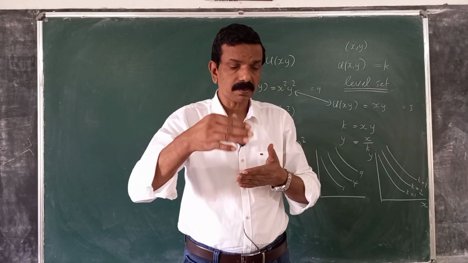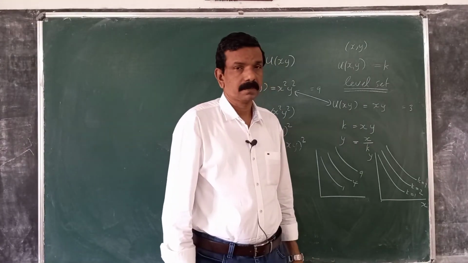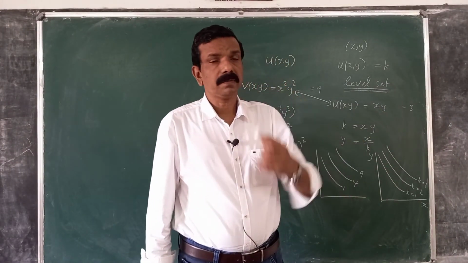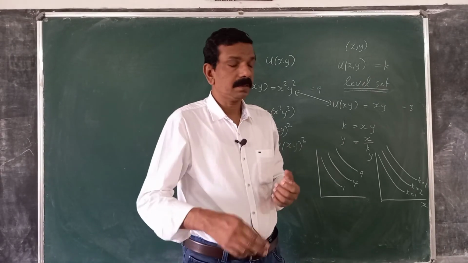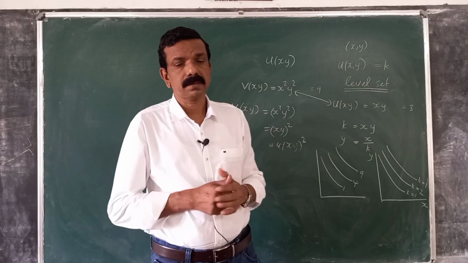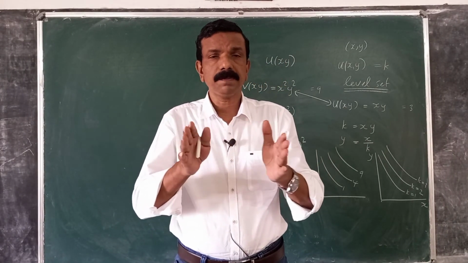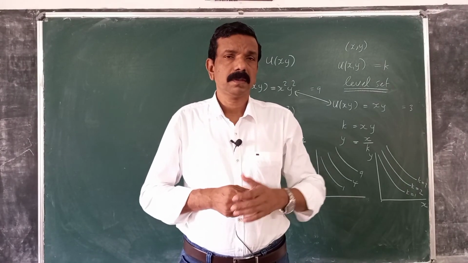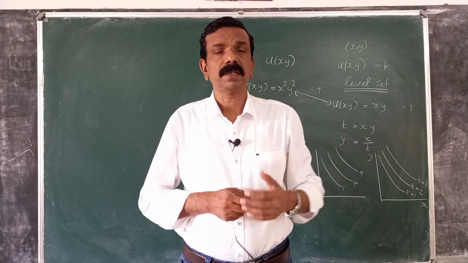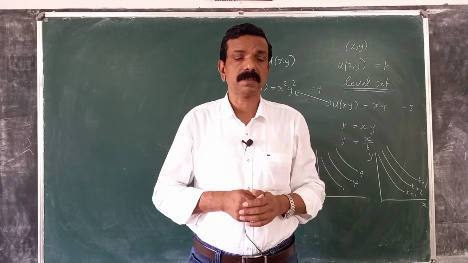We can also associate indifference curves if a utility function is given. If a utility function is given, it is easy to derive indifference curves. And this is what we do. And in the subsequent sections, we will describe the shape of indifference curves associated with different types of utility functions.